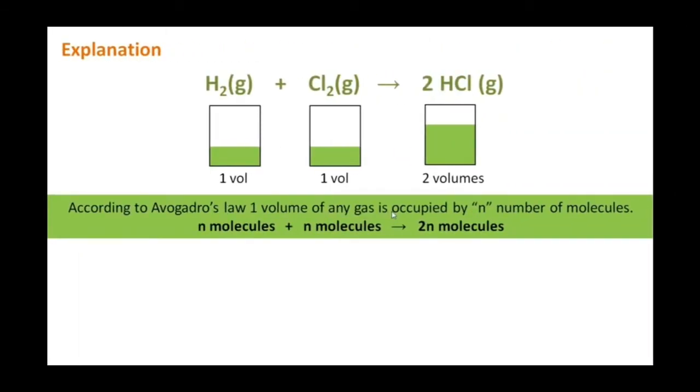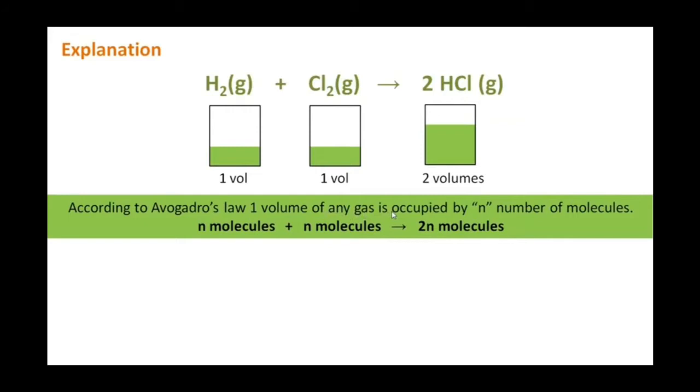According to Avogadro's law, if 1 volume of a gas is occupied by n number of molecules, I'll repeat, 1 volume of a gas occupied by n number of molecules. Just now we learned that 1 volume plus 1 volume gives 2 volumes.